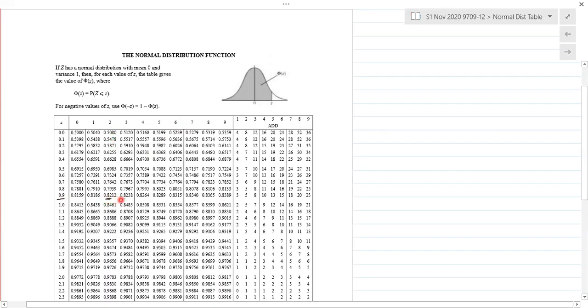And then we have 3. 3 is 8. So we get 0.8212 and we're going to add 8 to this. If we add 8 to this, we get 0.822.